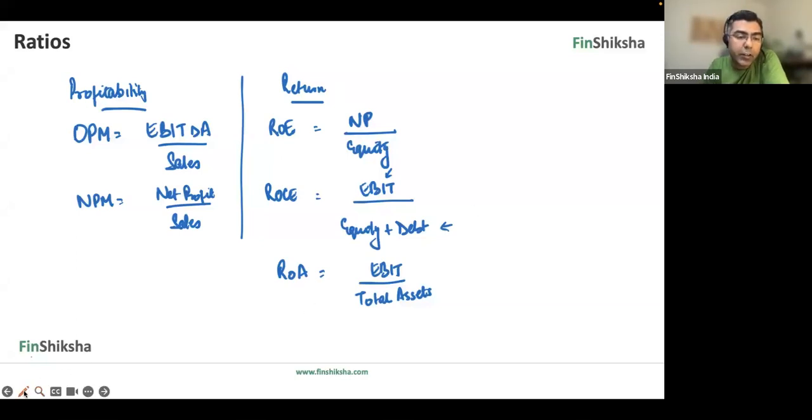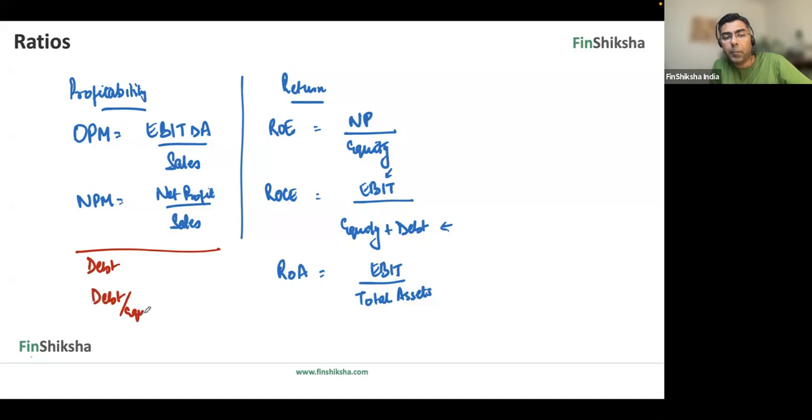Then there are some other metrics which are debt ratios or stability ratios. So I can use debt metrics. There's something called debt to equity, where we will see total debt or total borrowings of the company divided by equity of the company. Again, some textbooks give you long-term debt upon equity, but I prefer using total debt as long as you use that consistently everywhere.